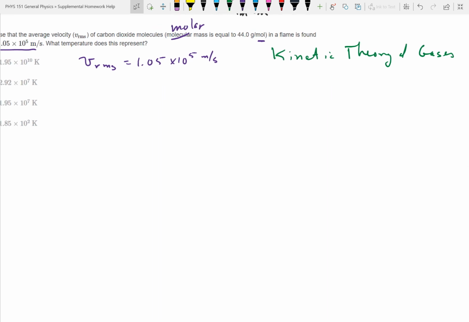Delta V equals beta V delta T. Oh, the V. That's not it. It's the square root of 3RT over M. Oh, there it is.